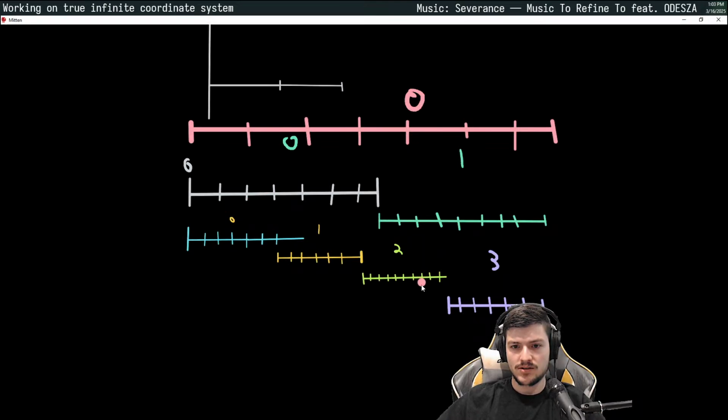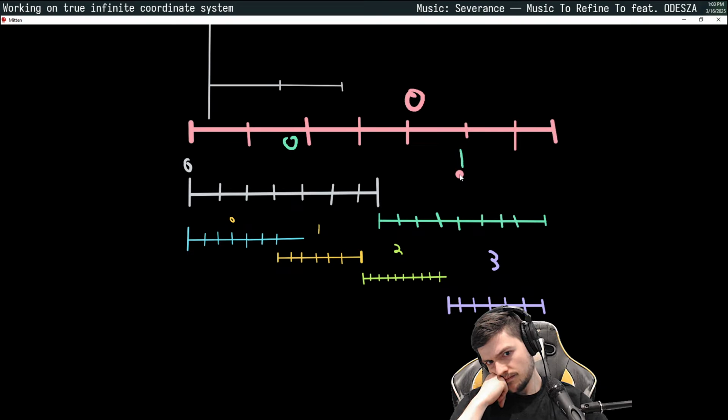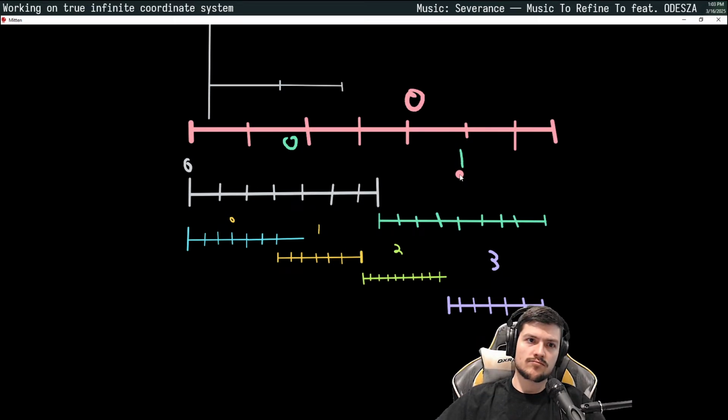Zero, 1, 2. When you're at 2, you end up with a skip of 1 here. A skip of 1 into this higher one is a skip of 0.